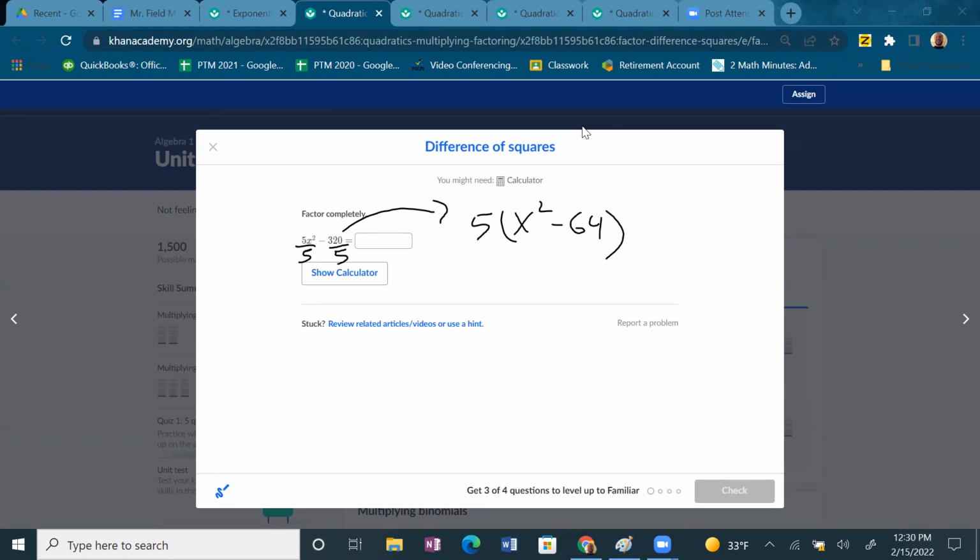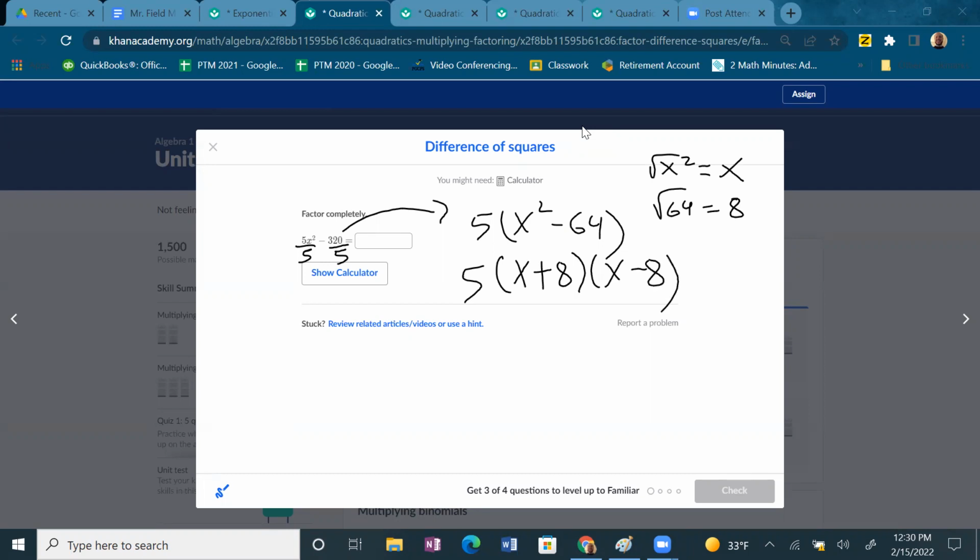So you should see that we can take this. We have a binomial. We have a different sign. So let's take the square root of the first and second term. Square root of x squared is x. The square root of 64 is 8. So this is going to be x plus 8, x minus 8.